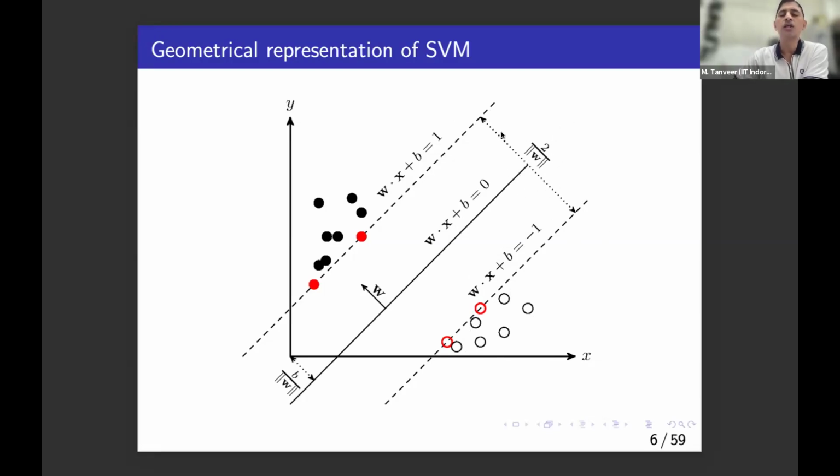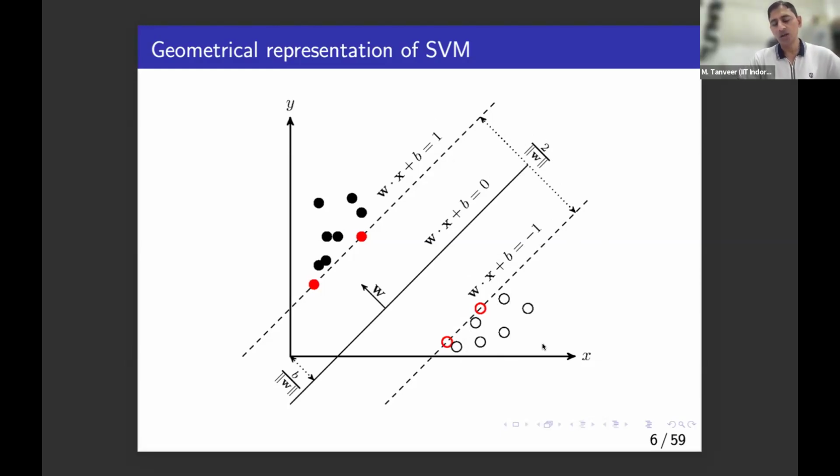So we are maximizing this distance 2 upon norm of w, subject to the conditions that the data points should be above and below these supporting hyperplanes. This is called hard margin SVM, or we can say linear SVM with no misclassification.